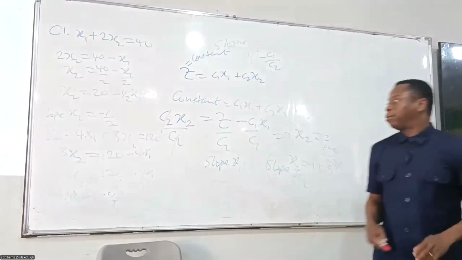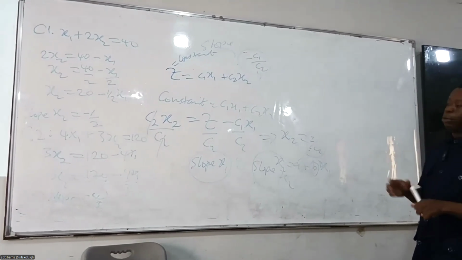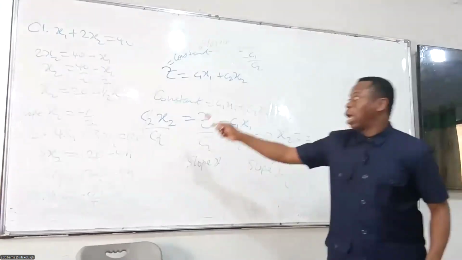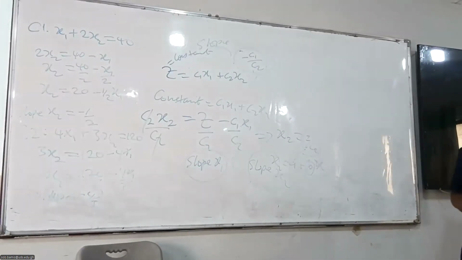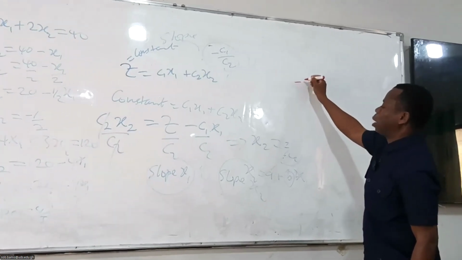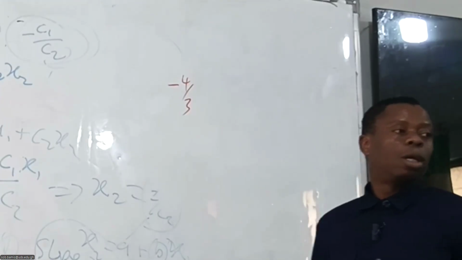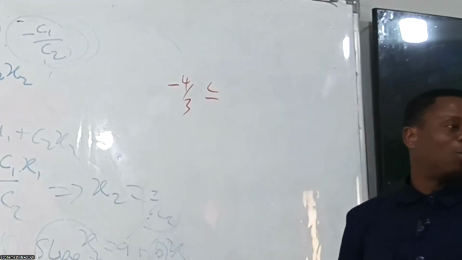So it means that negative 3 over negative 4 over 3 and negative half, which one is greater than the other? The half is greater. So it means that we can write it as negative 4 over 3 less than or equal to what?